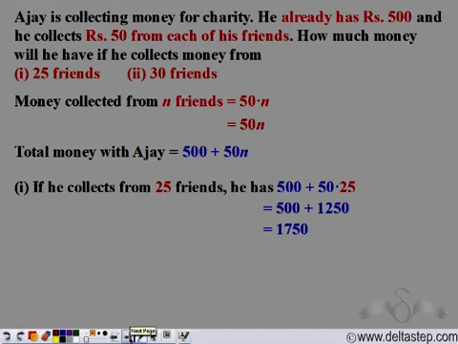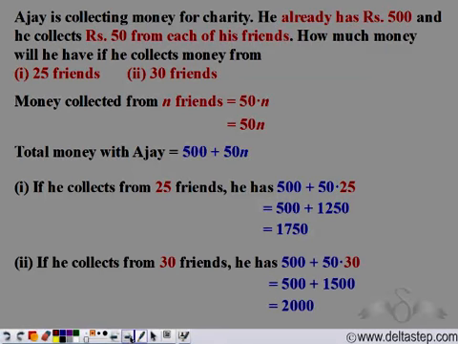So if he collects money from 25 friends, he has 500 plus 50 into 25. In place of n, we substitute 25 because n stands for the number of friends. So he has 500 plus 50 into 25, which is 500 plus 1250, which is 1750.